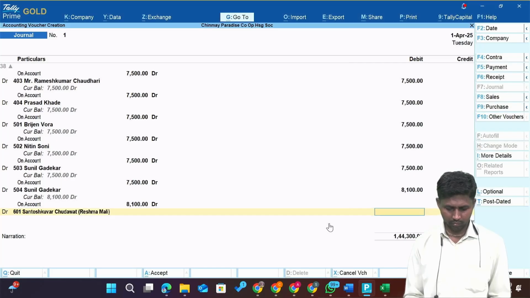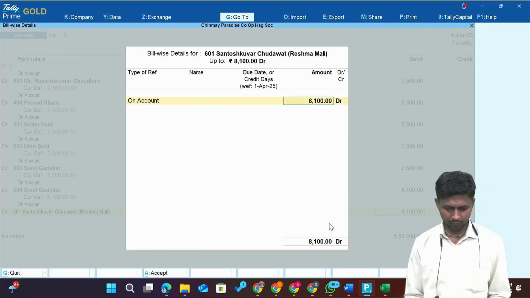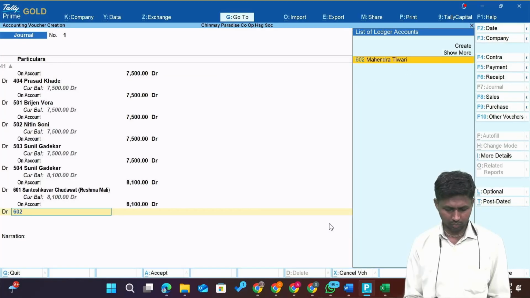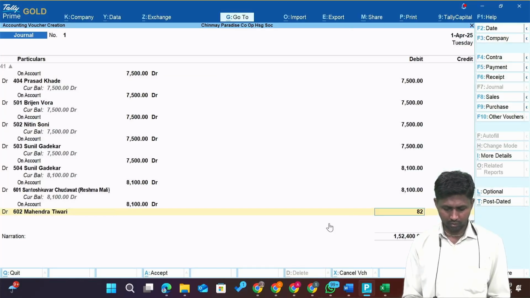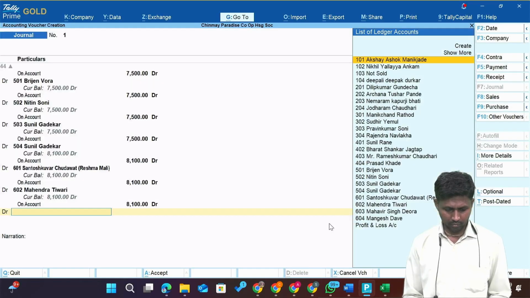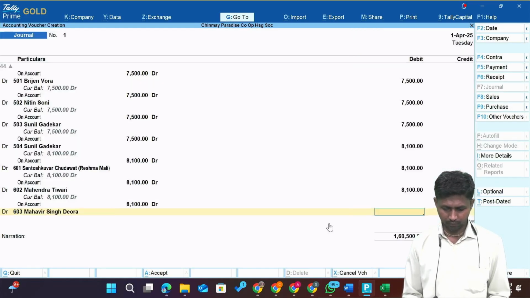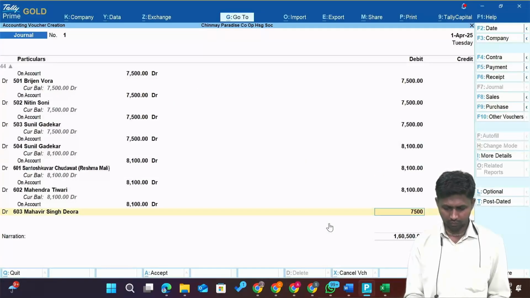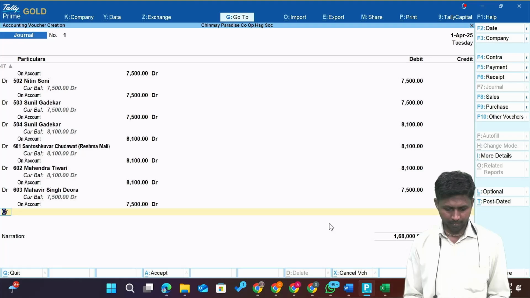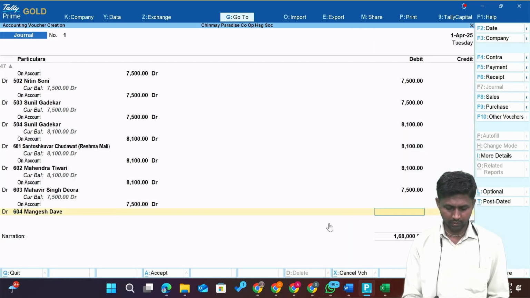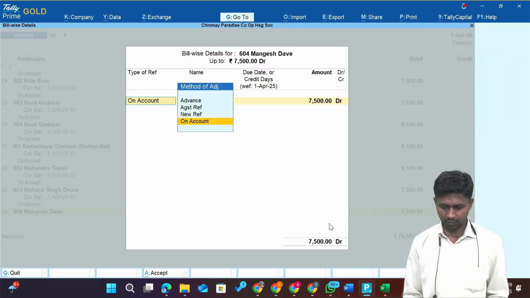Then after that, for next up to 603: 601, 8,100, 602, 8,100, 603, 7,500, and then after that one more flat, 604, like this, 24 flats, 7,500.